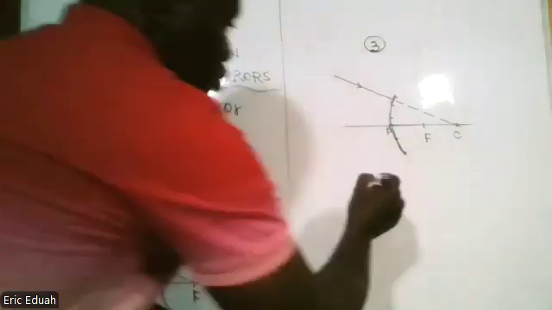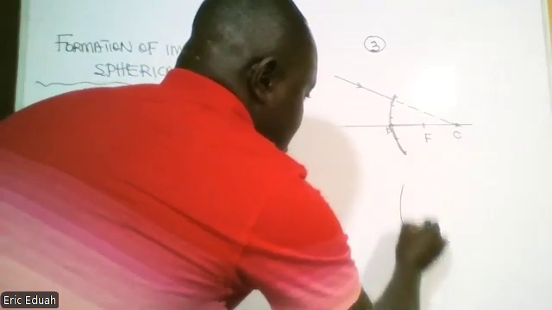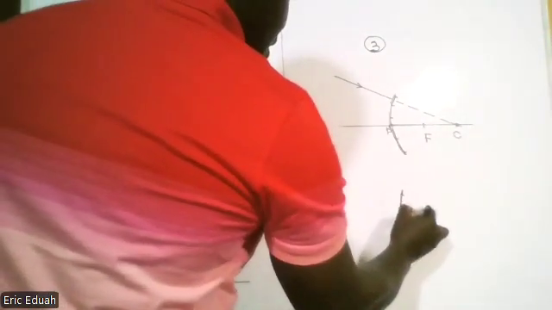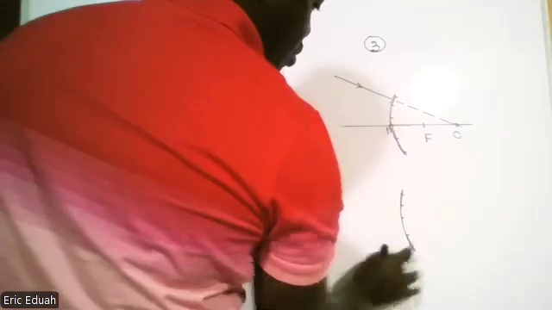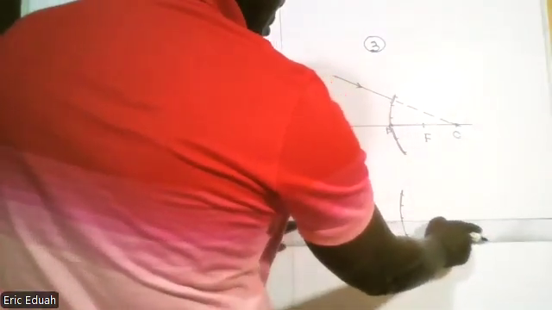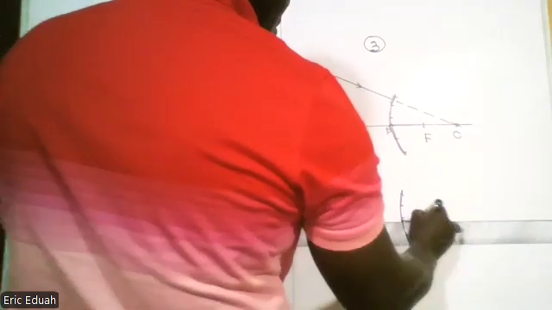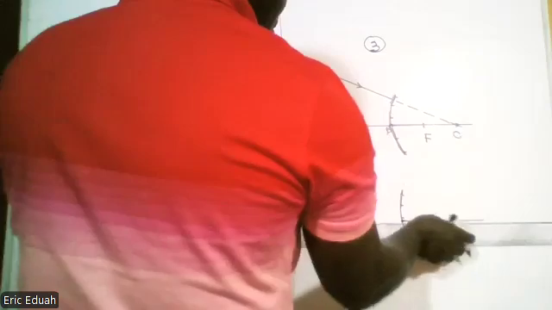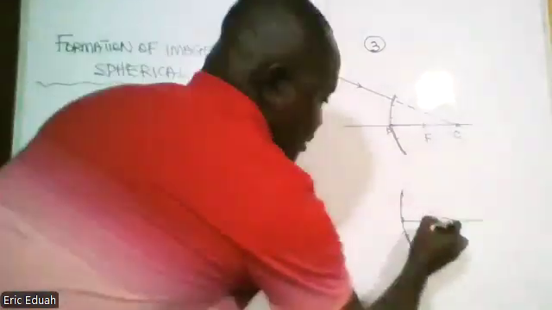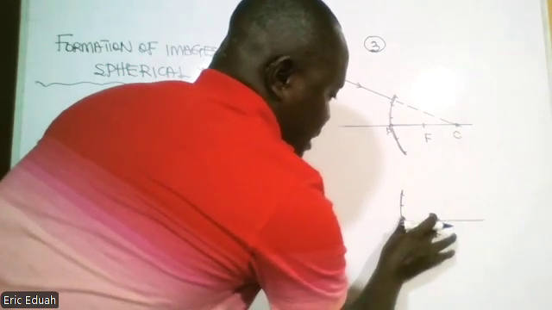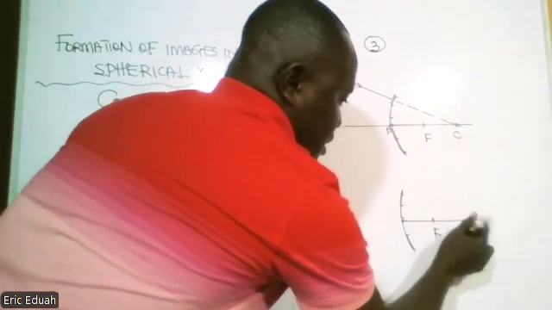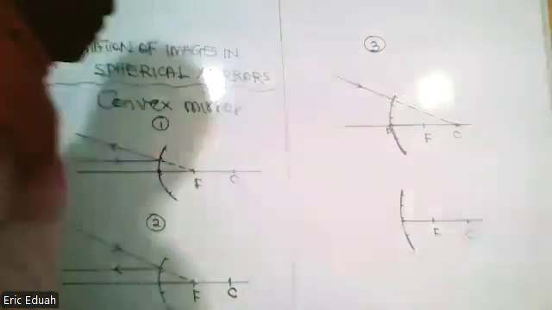Then the last rule is that a ray hitting the pole. F is here. Accurate measurement, please. C is here.